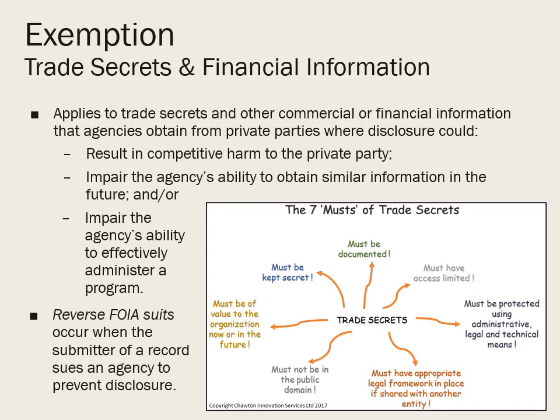Again, naturally, if a party thinks the government is going to disclose his, her, or its confidential information, that party is unlikely to willingly hand it over to the government. And the inability of agencies to obtain information can seriously hinder their ability to function.